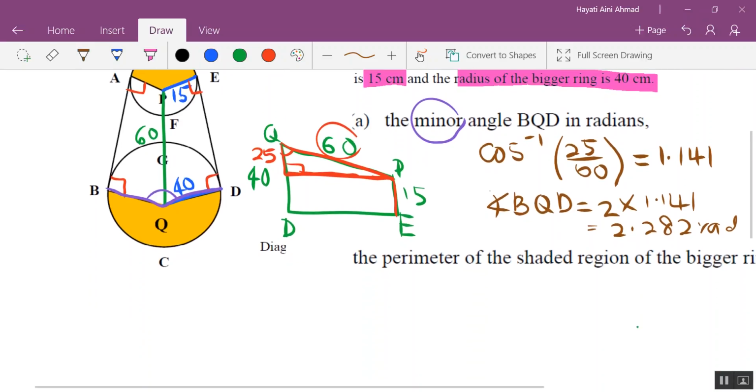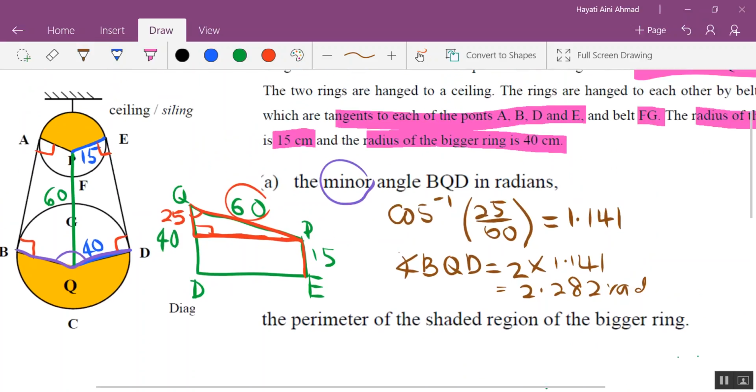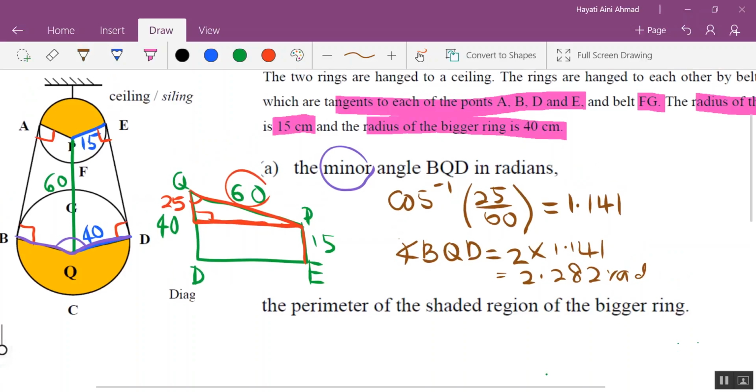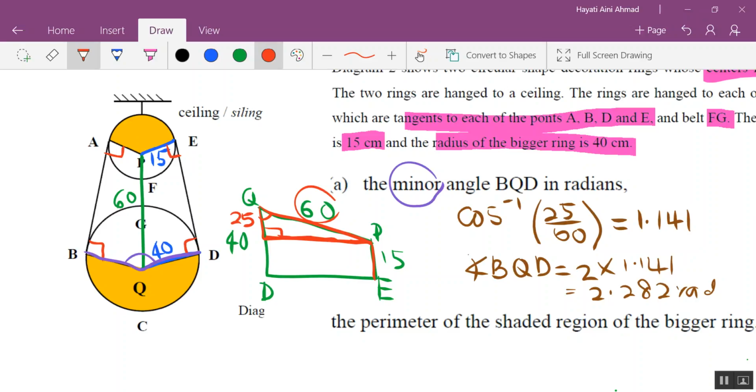Then we go on to the next question, asking you to find the perimeter of the shaded region of the bigger ring. Here we'll use a red colored pen to emphasize the bigger ring.